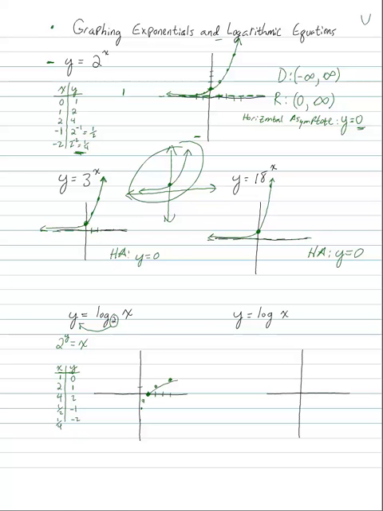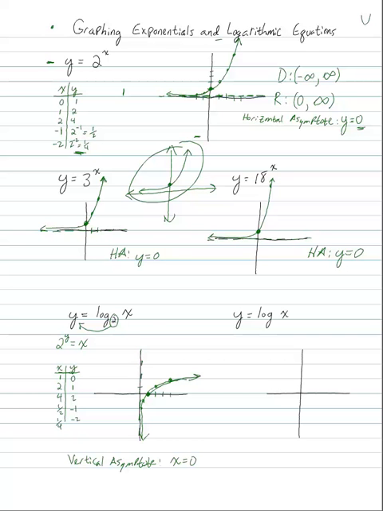So my graph should go something like this. This time it still has an asymptote, but it's going to be a vertical asymptote. And since it's vertical, it's going to be x equals, and this asymptote is going to run straight down the y-axis this time. So it's still going to be x equals, in this case, 0.